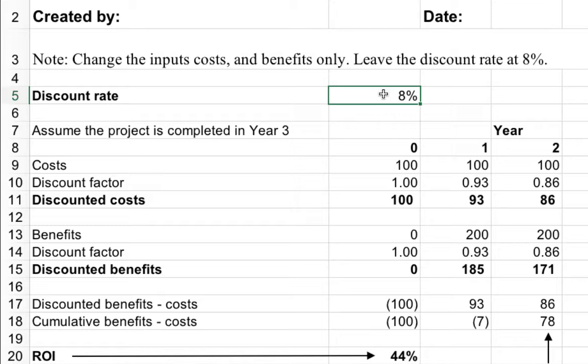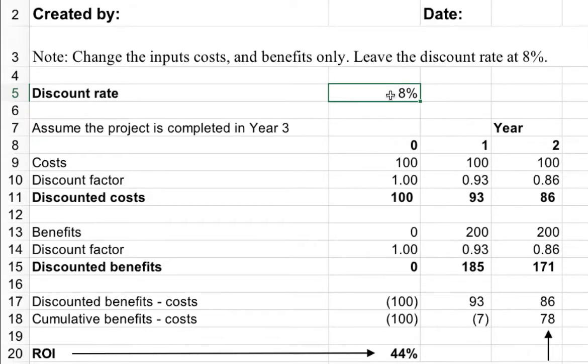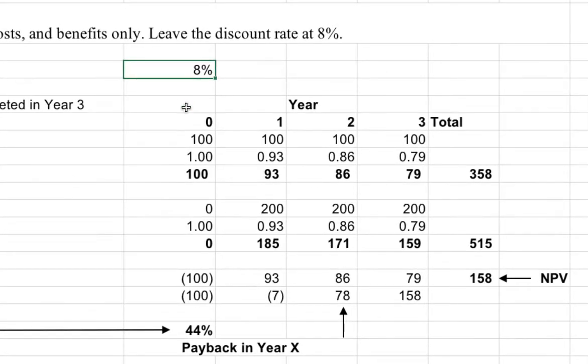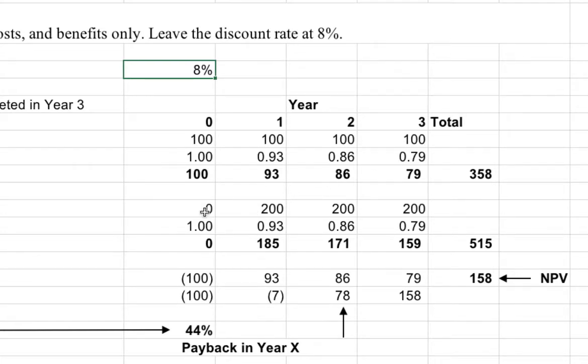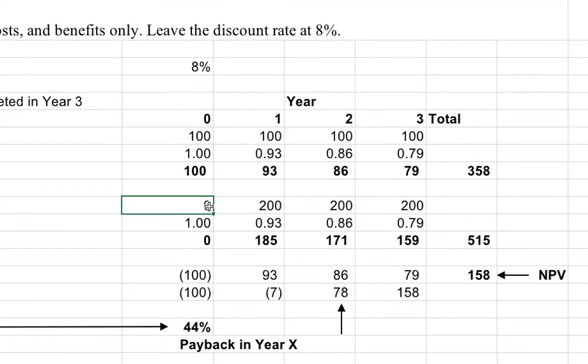So let's see what happens if I change this discount rate. Right now, our costs are $400 for the 4 years, and our benefits, in this case, there is no benefit for the first year or year 0, but then there are benefits for the next 3 years of $600.